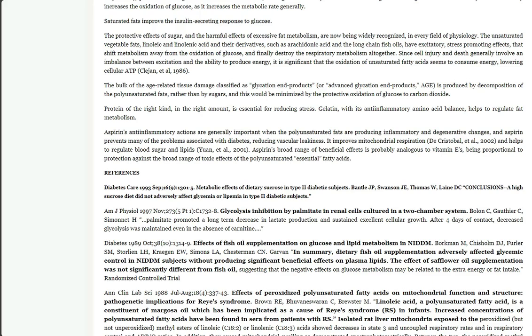Since cell injury and death generally involve an imbalance between excitation and the ability to produce energy, it is significant that the oxidation of unsaturated fatty acids seems to consume energy, lowering cellular ATP. And that's from a study in 1986.